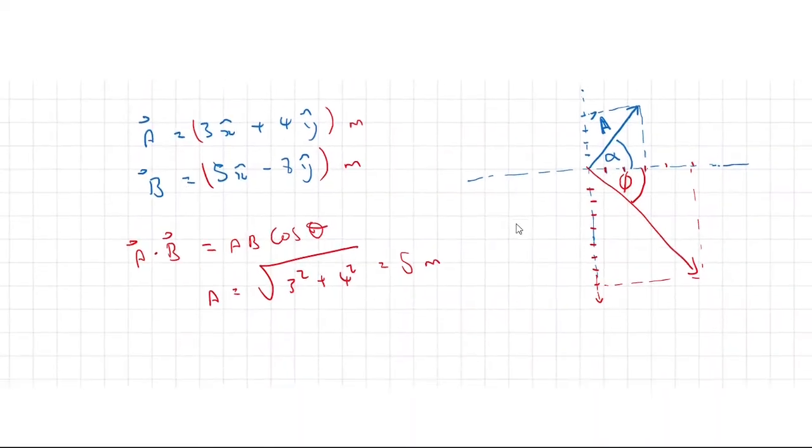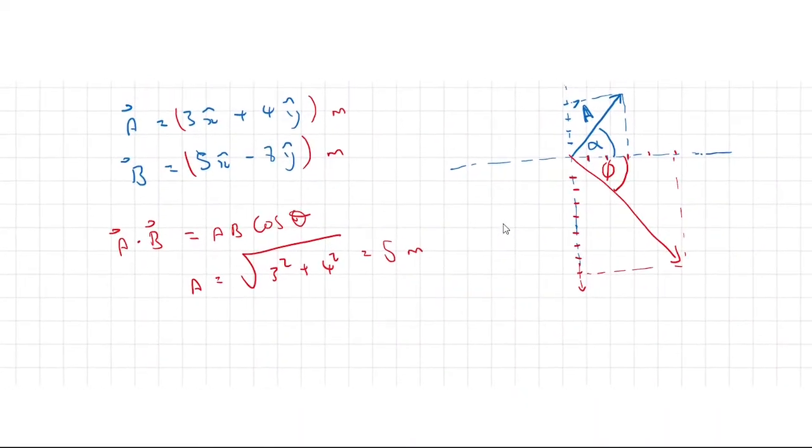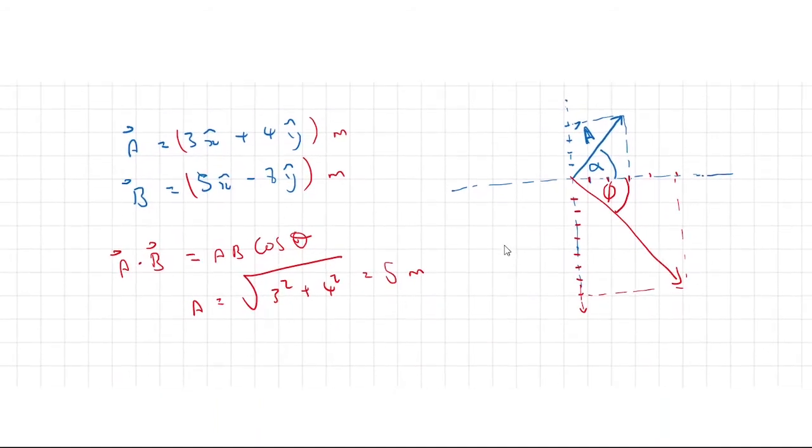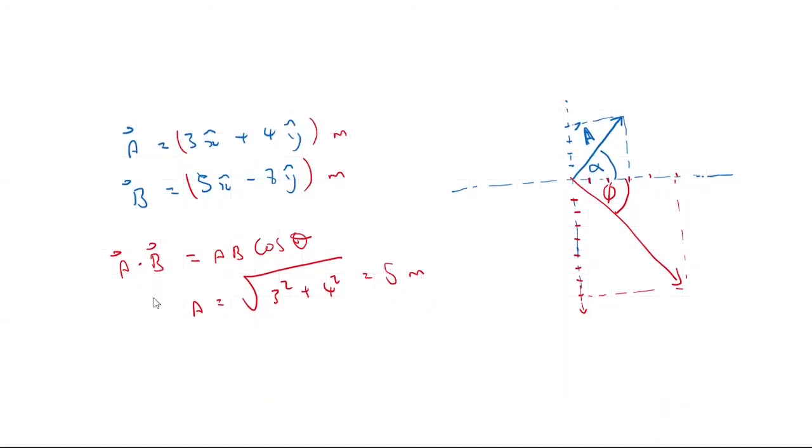And then B is going to be equal to the square root of 5 squared plus, it doesn't matter whether you put minus 8 or 8, but just for the sake of not confusing people, I'll put minus 8 squared, right? But even if you put 8 squared, it's going to give you this answer.